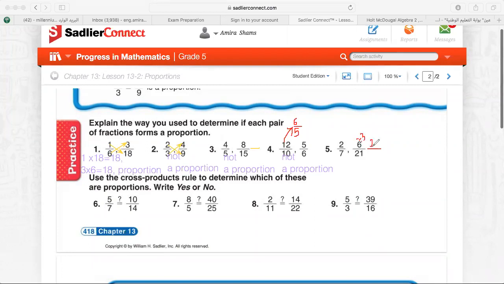So I got 2 over 7, the same simplest form as the first one. So my answer is proportion.